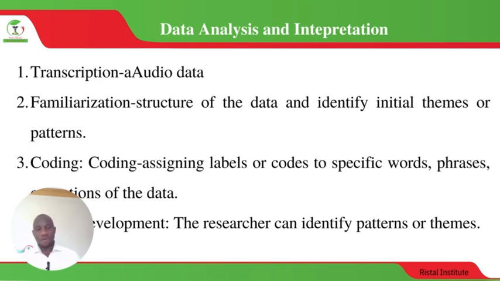Like if you have people talking about, let us say, for example, people who are saying the same thing using different words. So that same thing that is being described across by other research participants, that means that is a theme.